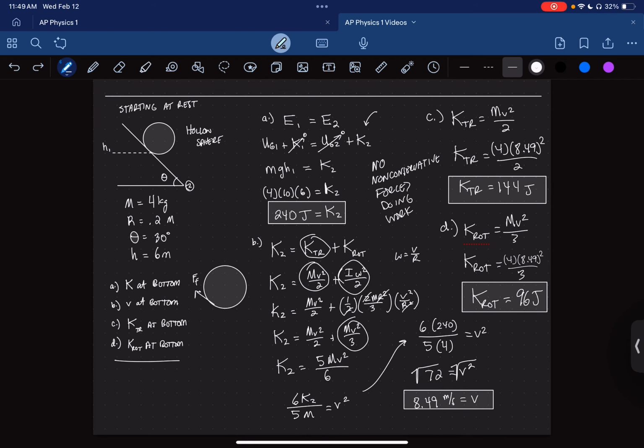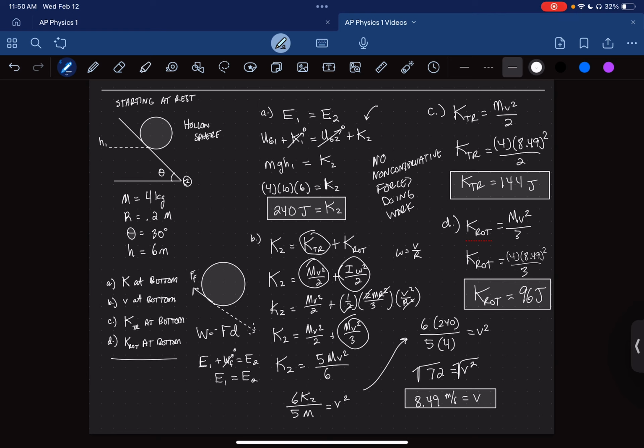But it's also doing positive work because it's contributing to the rotational kinetic energy of the hollow sphere. So as it turns out, it does equal amounts of positive and negative work. And so this term is still 0. And so everything is all right. What we did here is fine. Cool. And that's it for this lesson here.